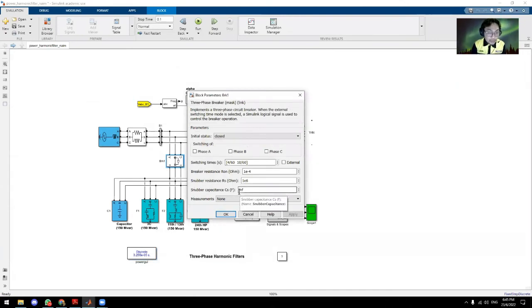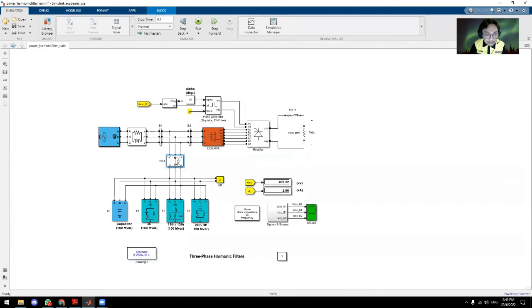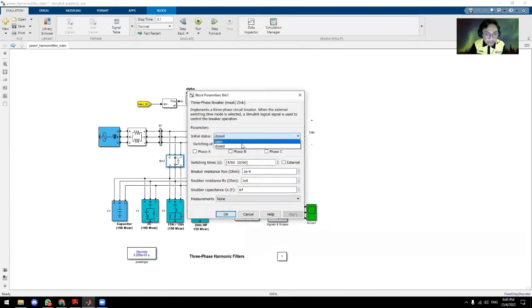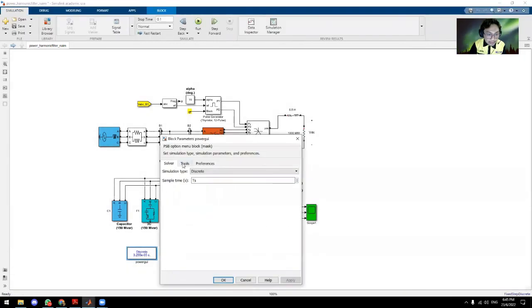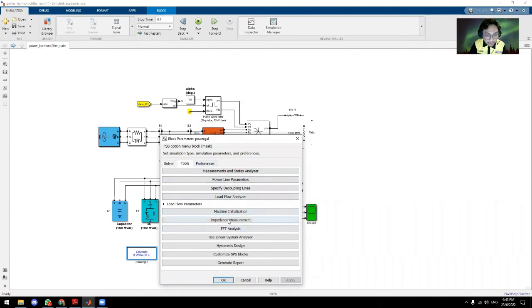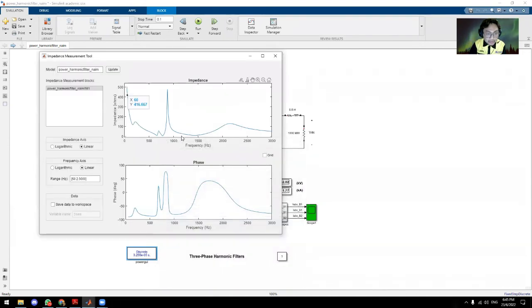So next, let's proceed to the waveform. How can we generate the output waveform of impedance versus frequency? It is the same as the FFT analysis, where we first open the circuit breaker, apply, okay, and run. So we create this and put in the measurement.